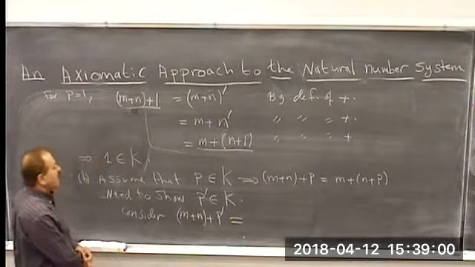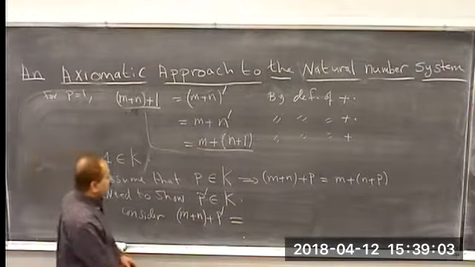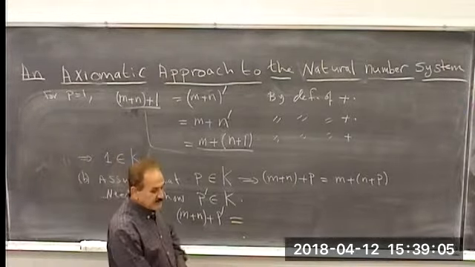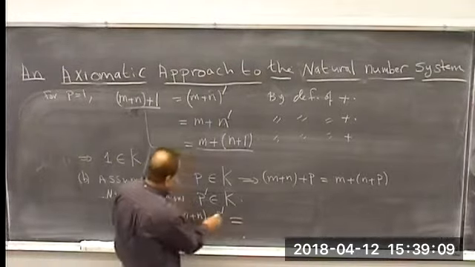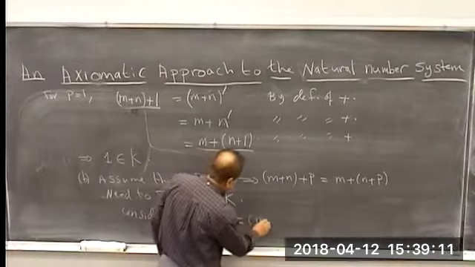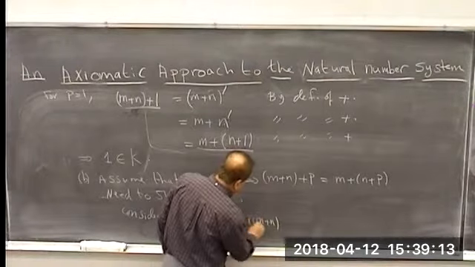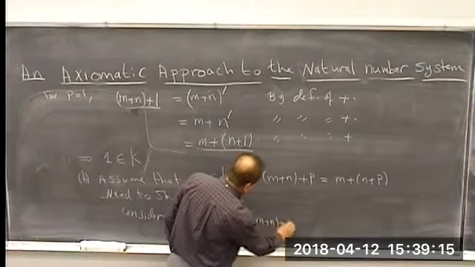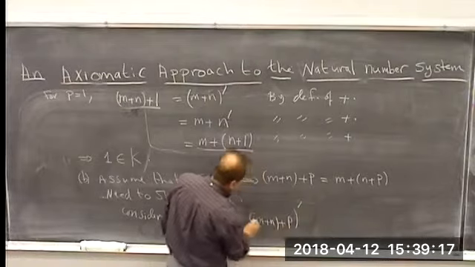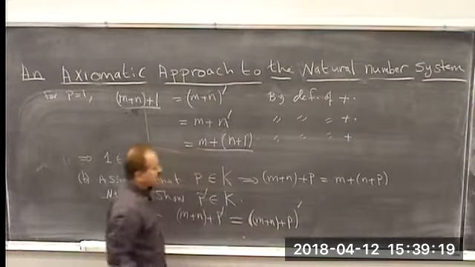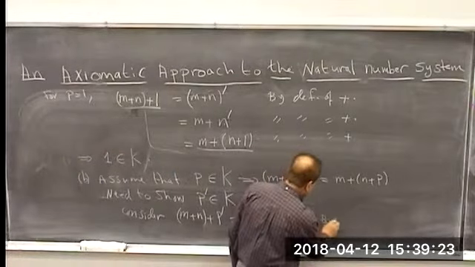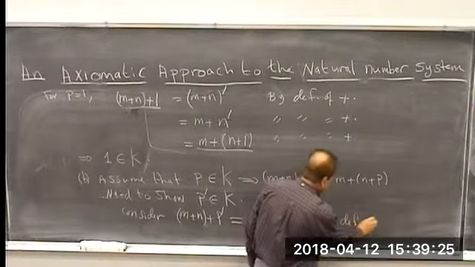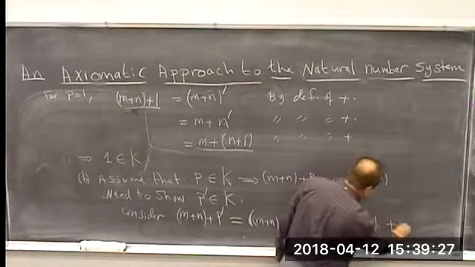All right? So we can write it as M plus N, and plus P, and then we can put the successor outside. Again, this is by definition of addition.